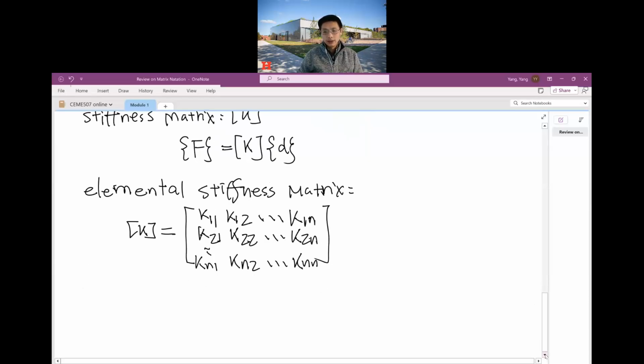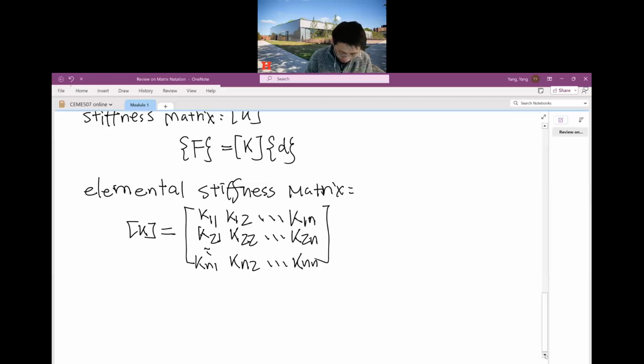It's pretty easy. So as you can see here, the quantities in the elemental stiffness matrix are expressed as the k with the subscript. So the first number in the subscript is the row number, and the second one is the column number.